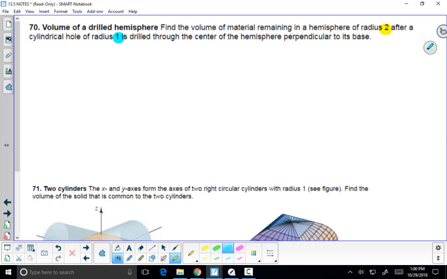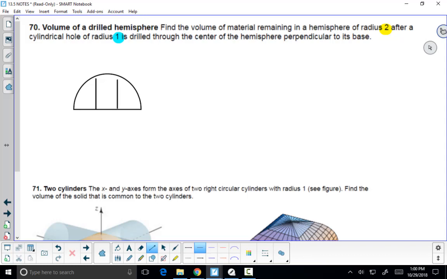So let's draw a picture, like a cross-sectional thing, just to get an idea. So we have something like this. We're going to drill the hole out of it. And that dimension is 2, so 1 is going to be about right there. And we want to find the volume that's left.